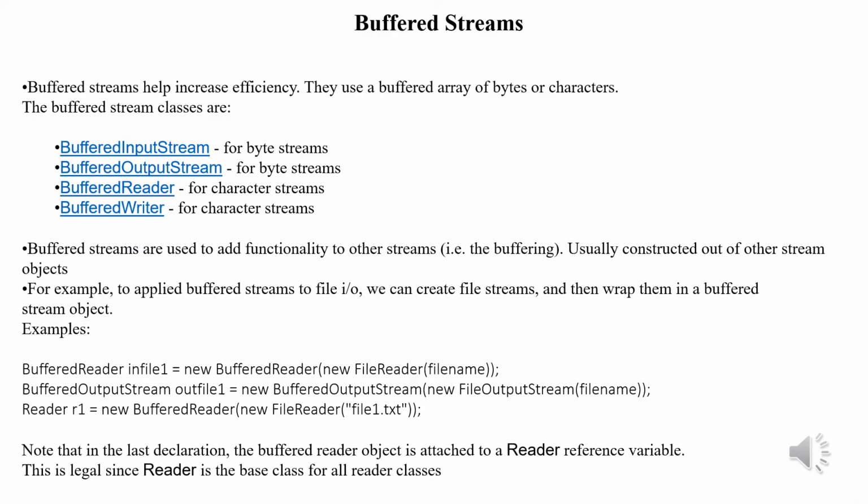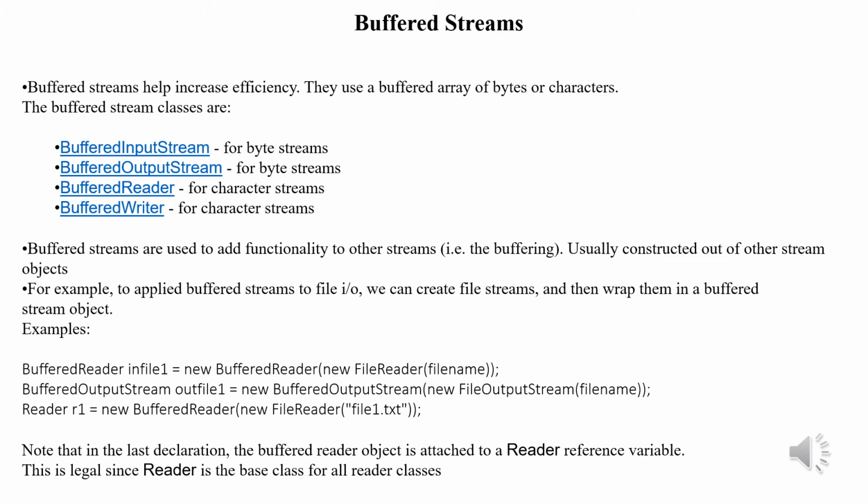So let's see what buffered streams are. Buffered streams help increase the efficiency. In a buffered stream, we have a buffered array of bytes or a buffered array of characters.